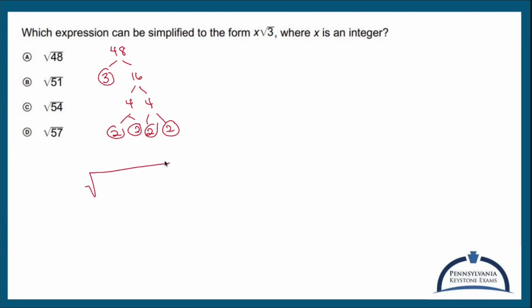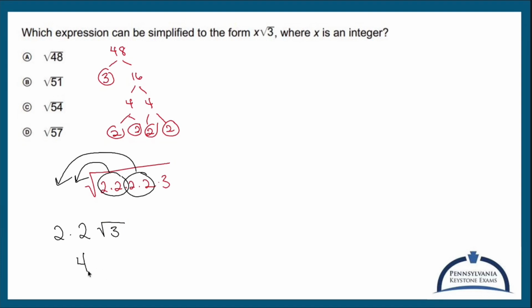I can rewrite that as 2 times 2 times 2 times 2 times 3, which means you can take out one pair of 2's and another pair of 2's, and oh, no way, leave a 3 behind. So when you bring out one pair of 2's, another pair of 2's, and leave the square root of 3 behind, you get 4 times the square root of 3, which is something times the square root of 3. So right off the bat, A is going to be the correct answer.